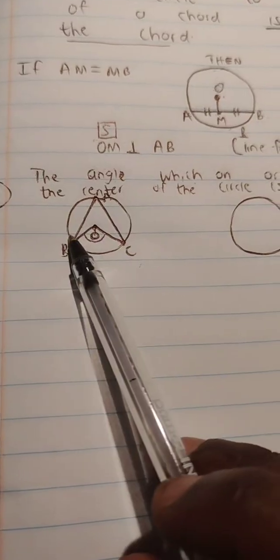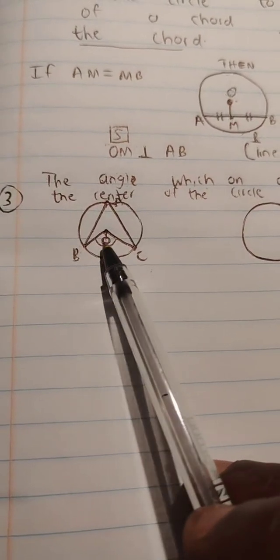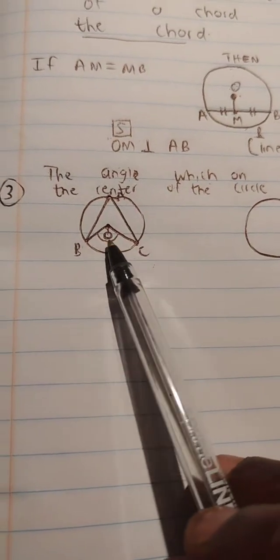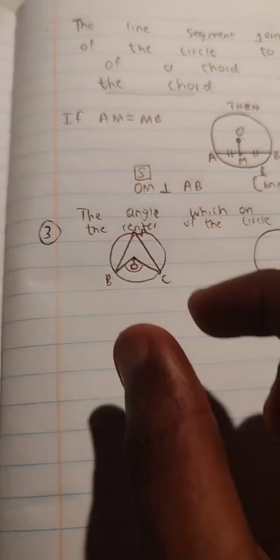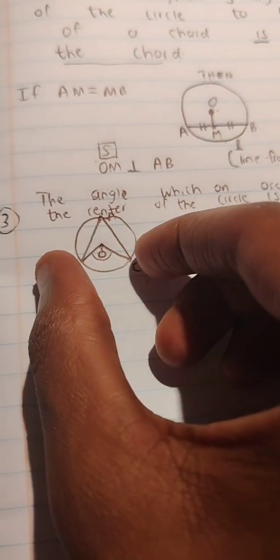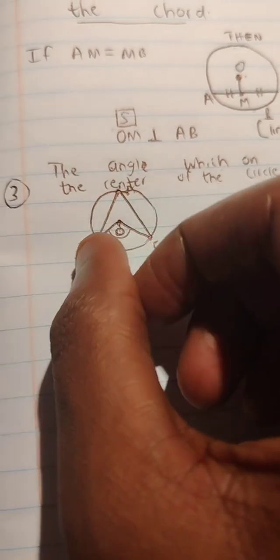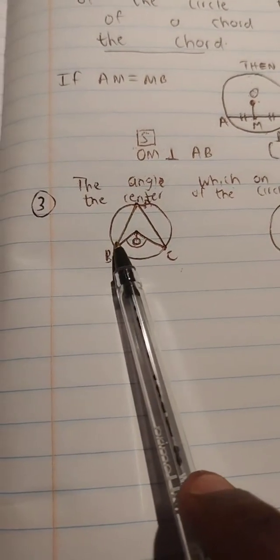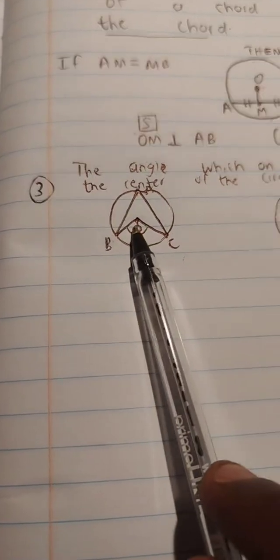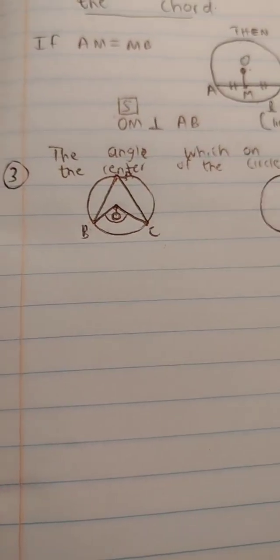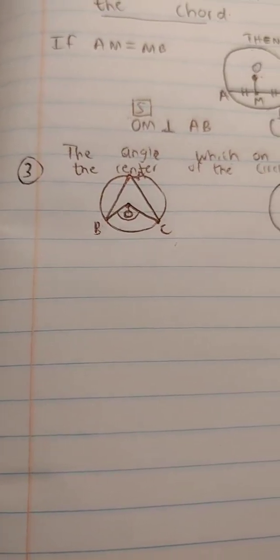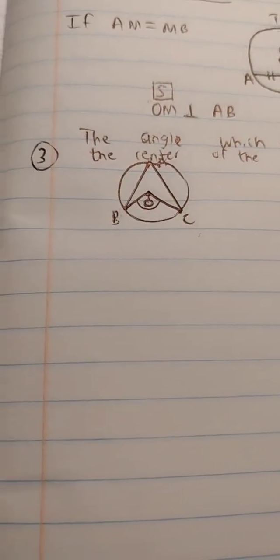Arc BC is the only arc which is directly opposite the angle. So we say arc BC subtends. Do you see from C, you move in the direction, there's the angle. So arc BC subtends the angle at the center because it is directly opposite the center.